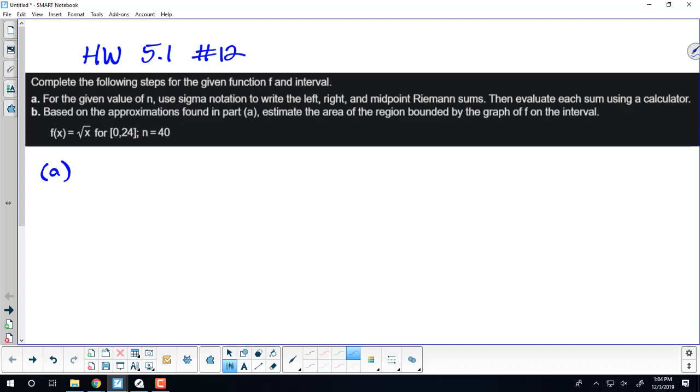So, okay, for the left, right, and midpoint Riemann sums, what's the difference between those three as far as the formula for the Riemann sum goes? Well, we're going to 40, so we'll go ahead and fill that in.